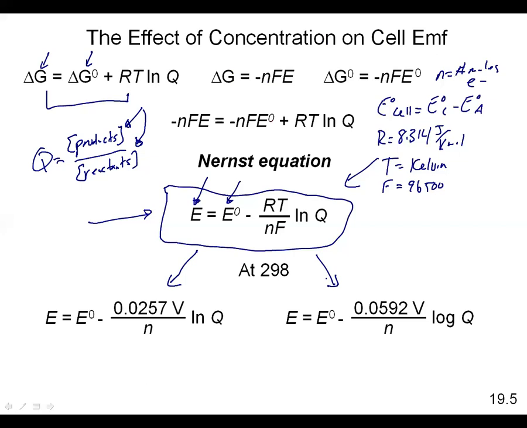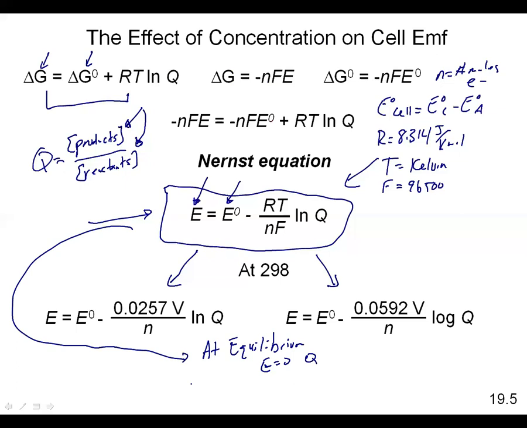This equation, the Nernst equation, is really how we get to the equilibrium constant equation that we just used. Because when we're at equilibrium, as we saw earlier, E equals 0 and Q would equal K, which means if you rearrange that equation, that is how we get to the equation that we just used.